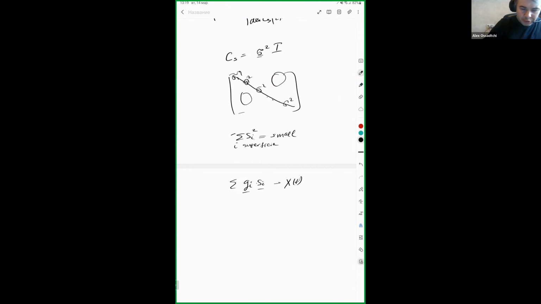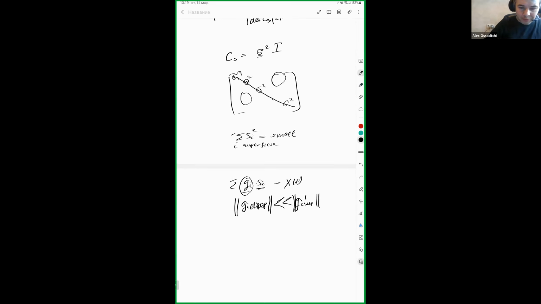G sub I for deep sources has a smaller norm than G sub I for superficial sources. Then for the deep sources, your amplitudes have to be large, right?